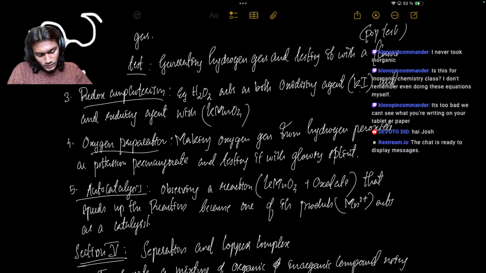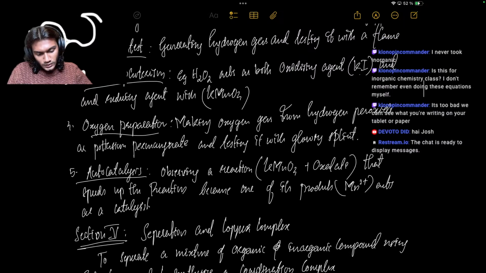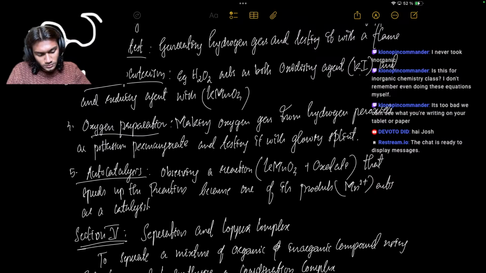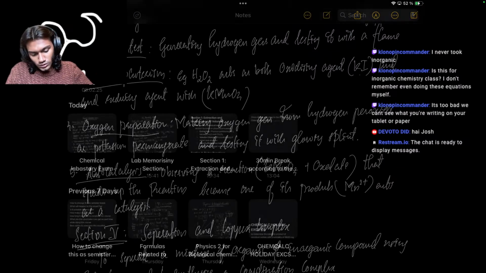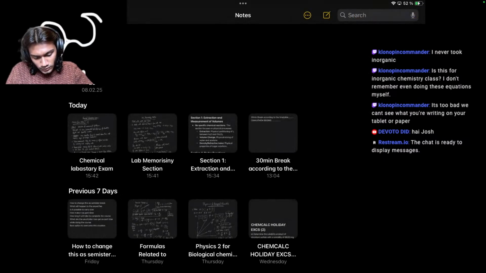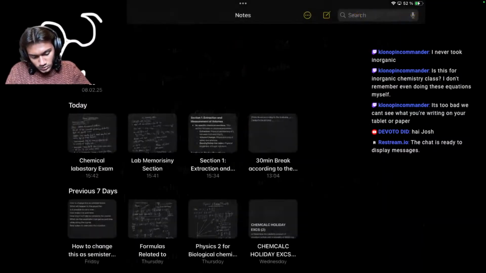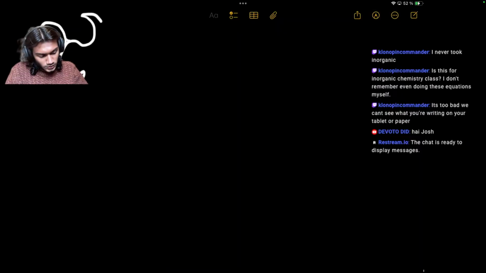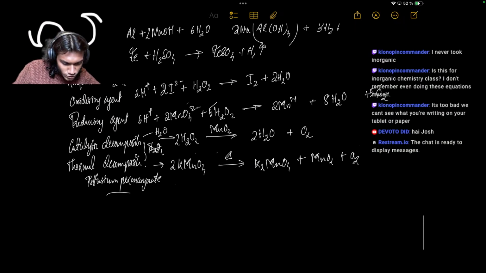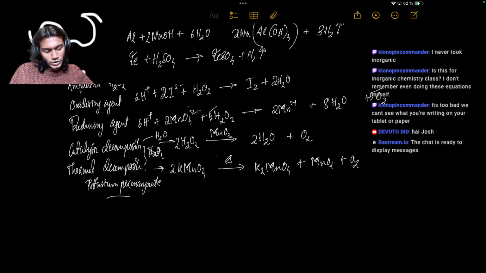Then I think the last two reactions were based on oxygen preparation, like formation of oxygen by thermal decomposition of potassium permanganate, and catalytic decomposition of hydrogen peroxide. Both should give oxygen.